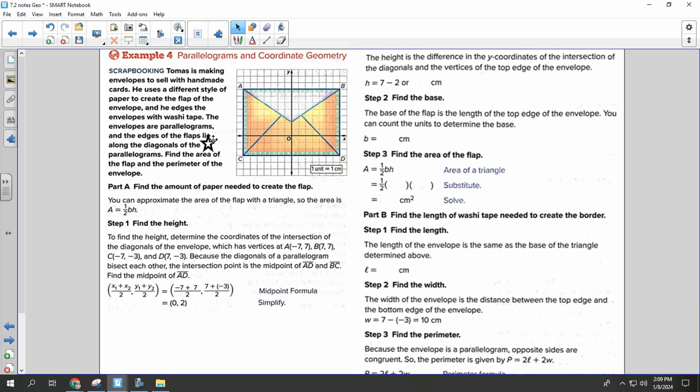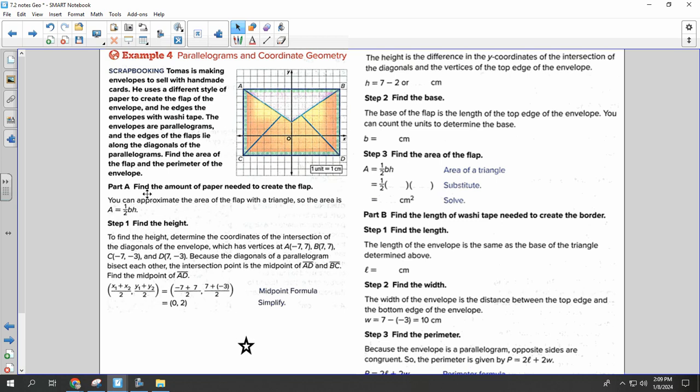The envelopes are parallelograms, and the edges of the flaps lie along the diagonals of the parallelograms. Find the area of the flap and the perimeter of the envelope. So here's this flap. And then we also want to find the perimeter of the envelope.